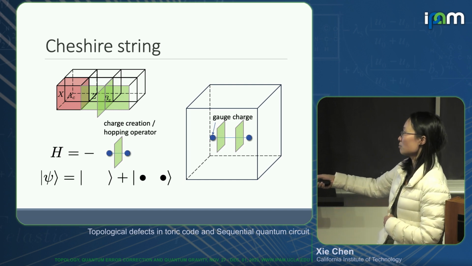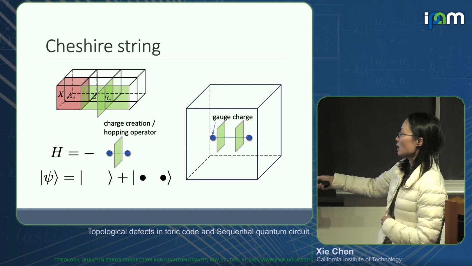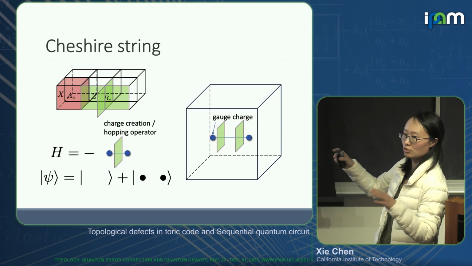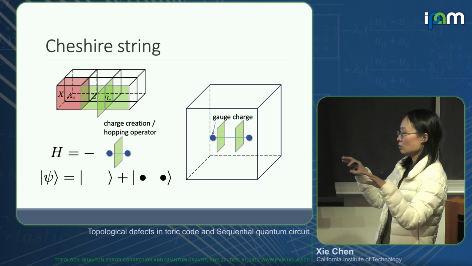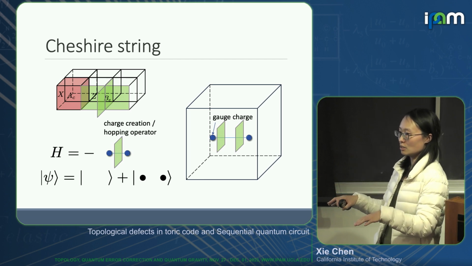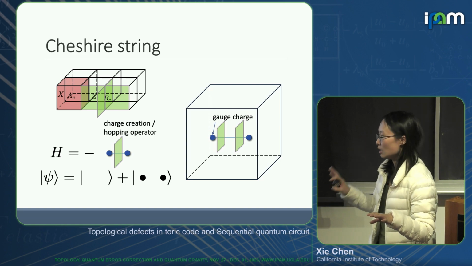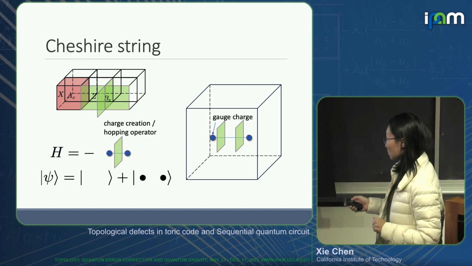And if we write it in terms of the original basis of charge excitations, we see that the ground state is basically a superposition of these two different configurations, one with no excitation, the other with two excitations.